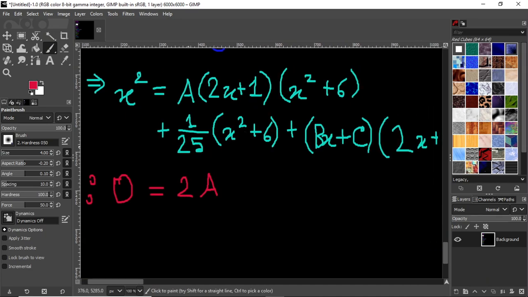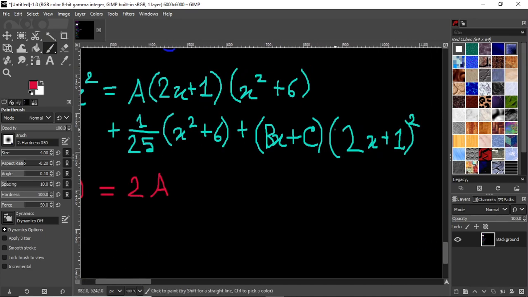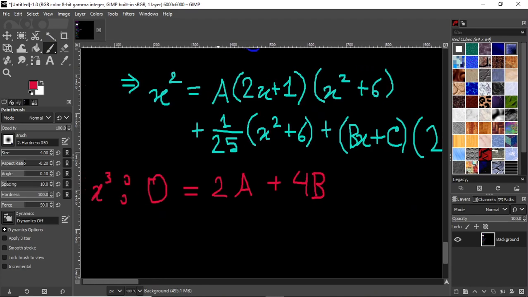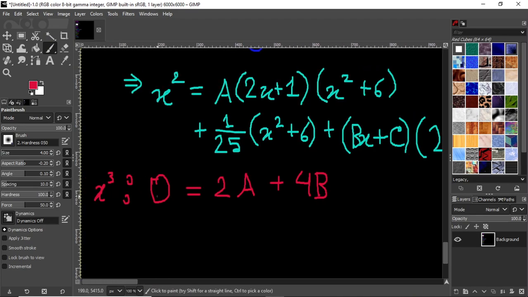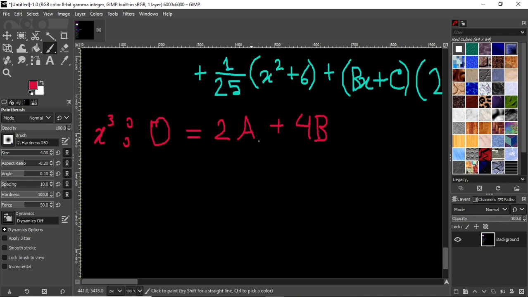This one has no x cubed in it. This one does have, so we'll get 4x squared here, and then you multiply by bx, so you get 4b x cubed, so plus 4b. Okay, so this is basically what we get when we equate coefficients of x cubed. Okay, so that gives us one equation.